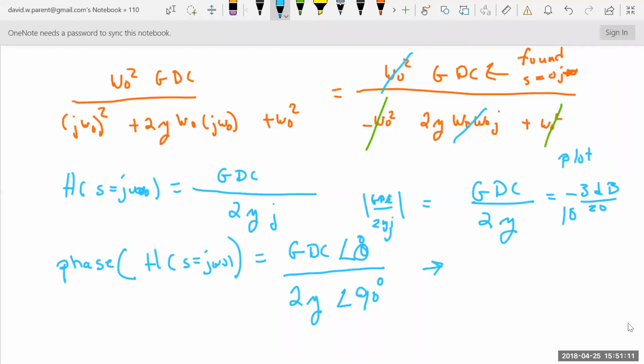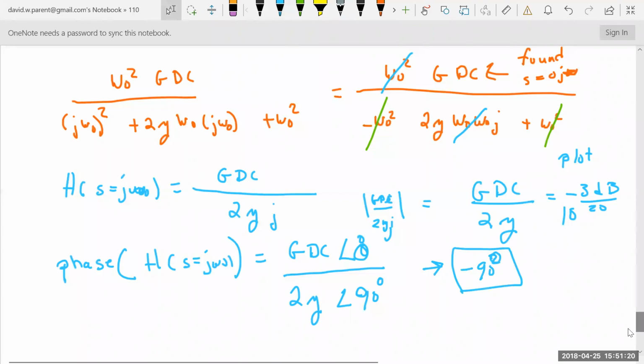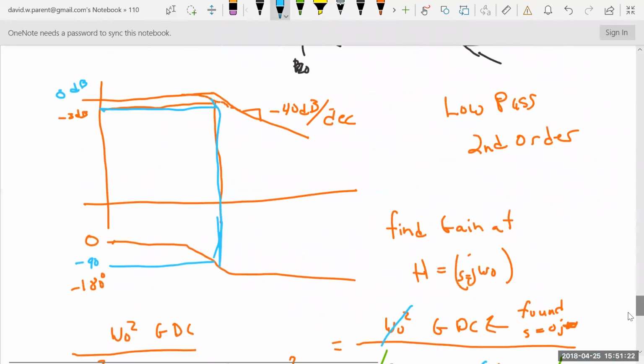So what is the phase at this point? Minus 90 degrees. So in this case, you just find the crossing point at minus 90. Wherever that is, that's omega naught.